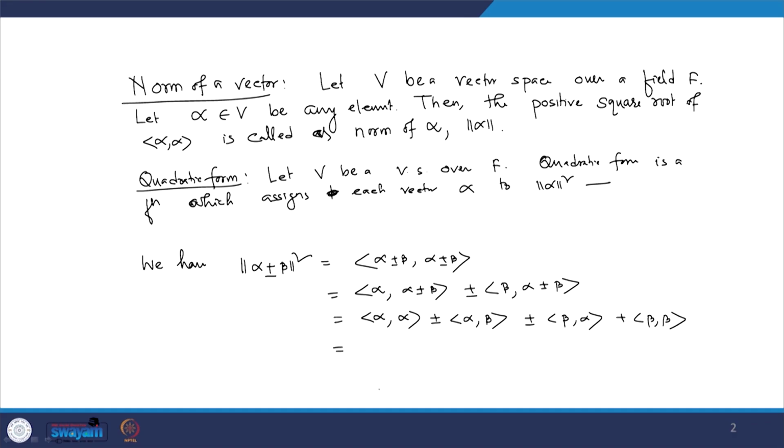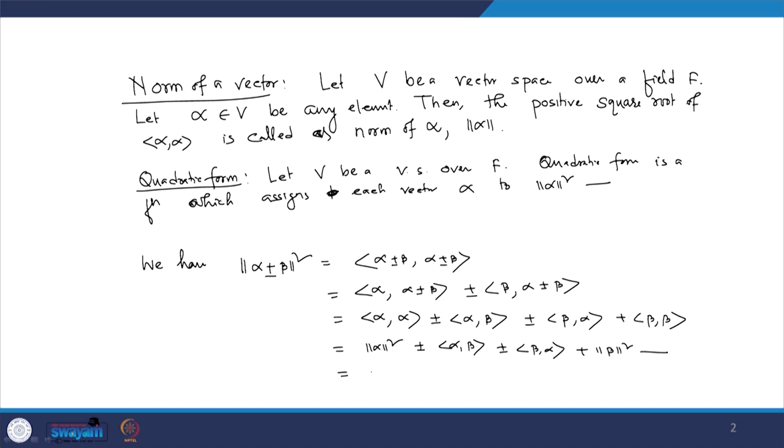So, according to the definition of norm, this is equal to quadratic form of alpha, that is equal to norm of alpha square, then plus minus inner product of alpha beta plus minus inner product of beta alpha and plus norm of beta square. We are having like this. But inner product of alpha beta and inner product of beta alpha is basically, if I consider z is a complex number, the z and z bar.